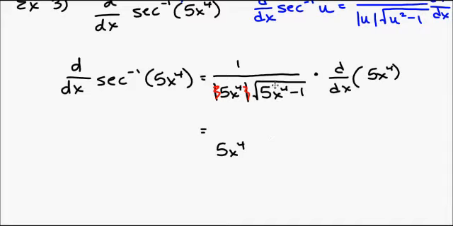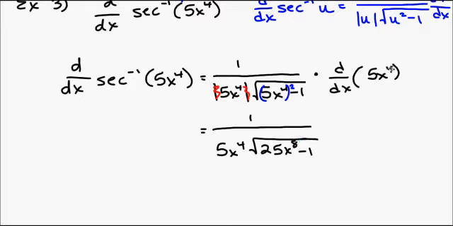And this was supposed to be squared. Sorry. So that's squared. So I have 1 over 5x to the fourth times 25x to the eighth, because x to the fourth squared will give you x to the eighth. You have to multiply those exponents, minus 1.